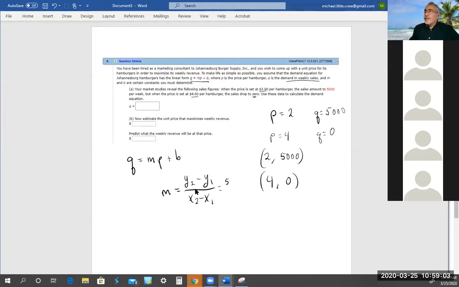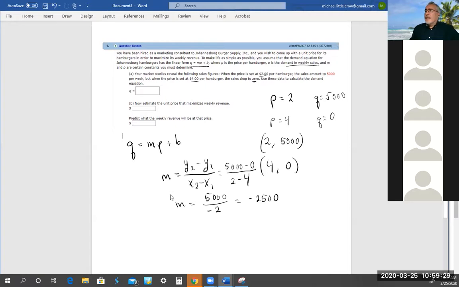So that's going to give us 5,000 minus 0 over 2,000 minus 4. Notice that'll give 5,000 over negative 2, which is negative 2,500.